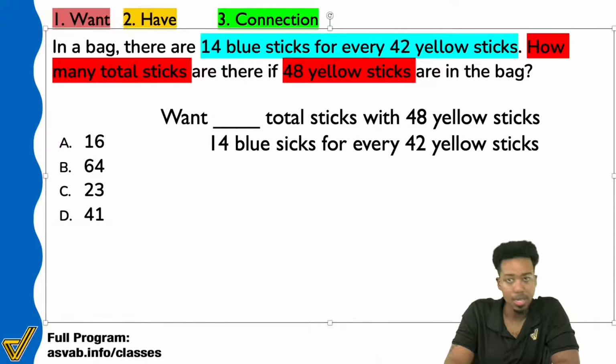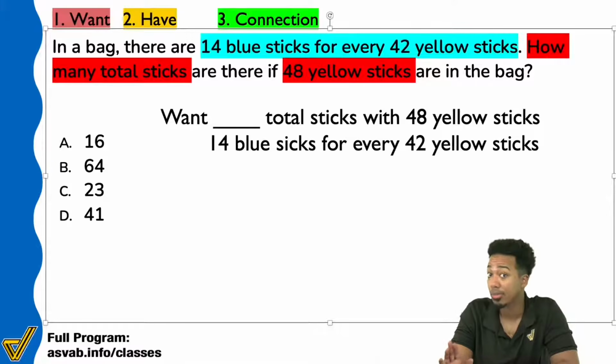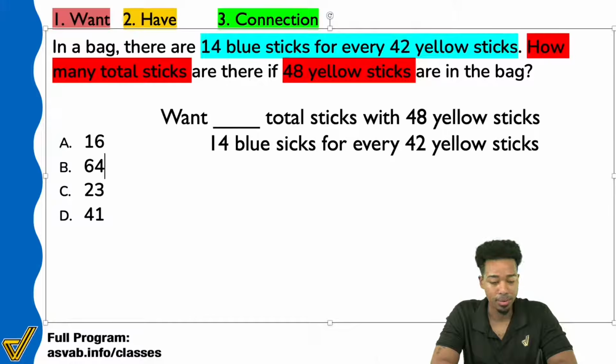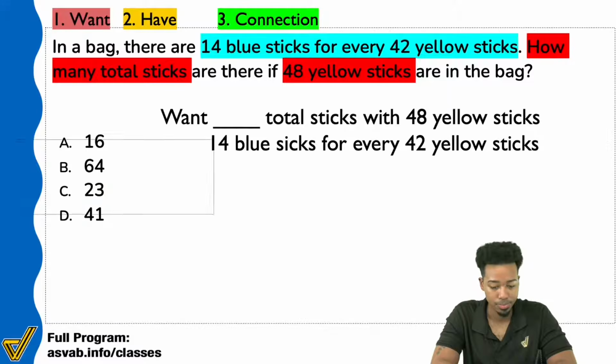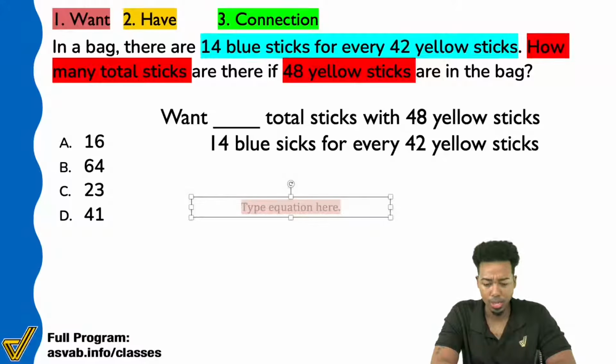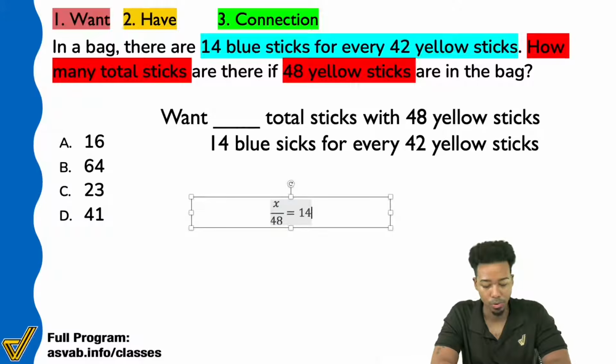Okay, great. So let's understand here why the whole, hey, compare the same things in the same way. This is why that's important. Right over here, watch this. If I were to set this up now, and I were to use another text box, I'm gonna pop in another one, and if I were to make an equation, I'll use x over 48 equals 14 over 42.